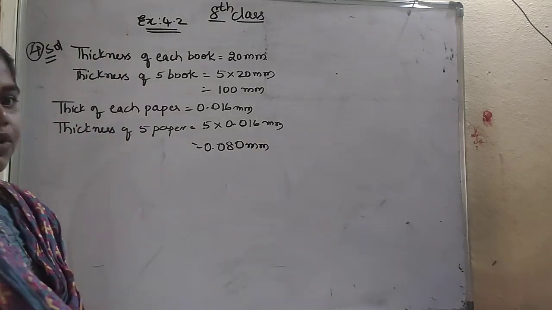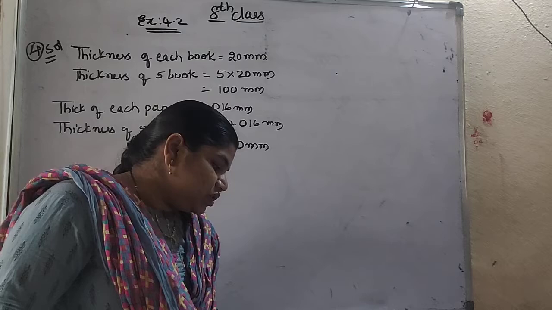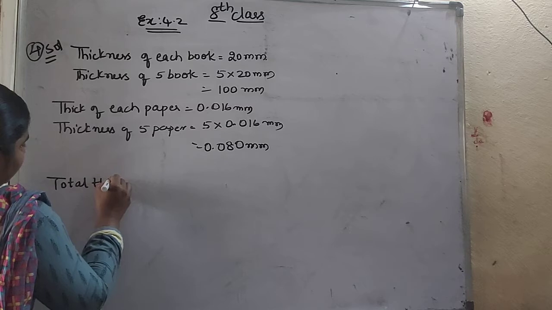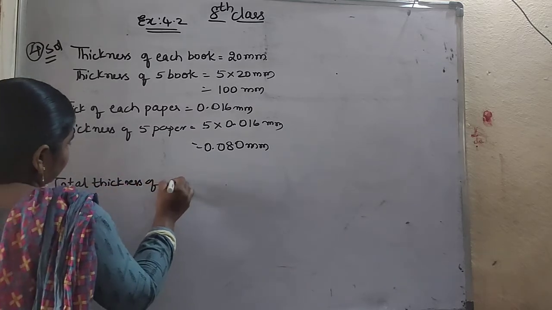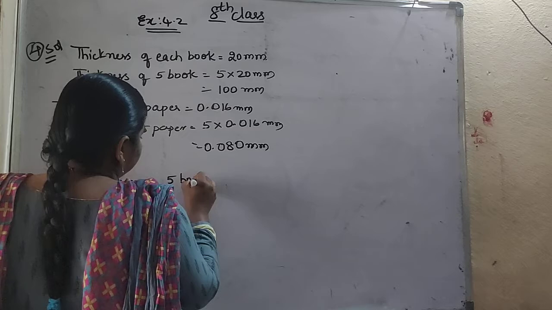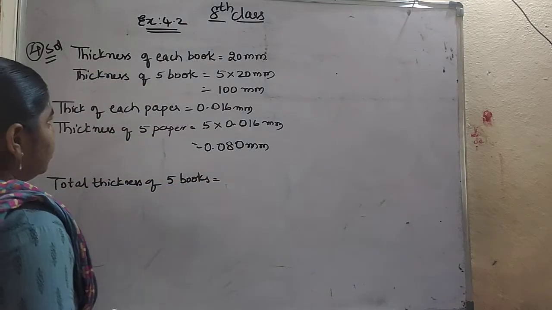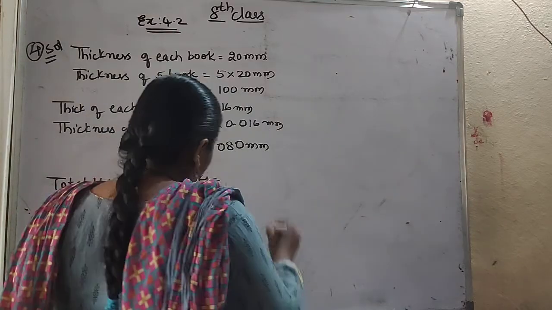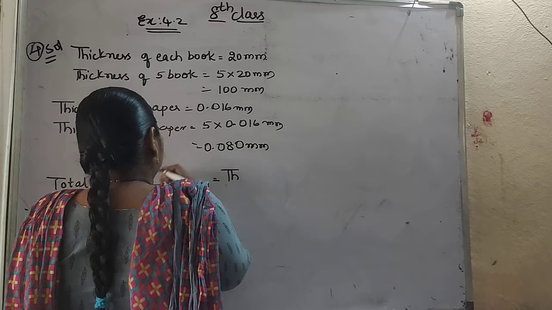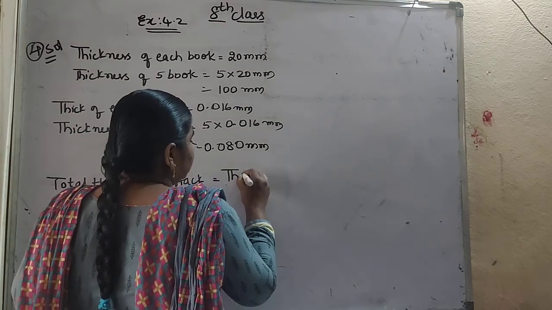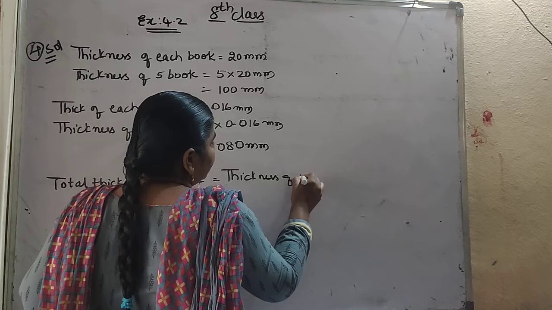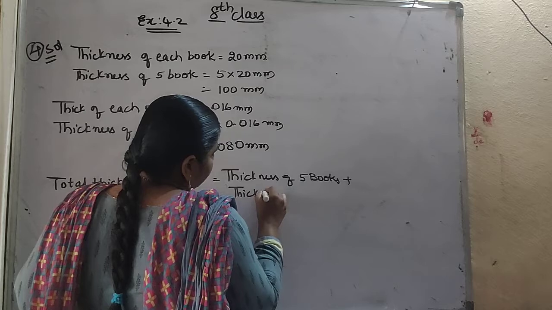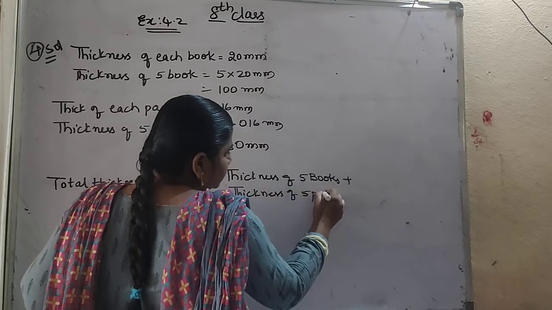millimeters. So now what we have to find? We have to find the total thickness of a stack. So total thickness is equal to the thickness of 5 books plus thickness of 5 papers.